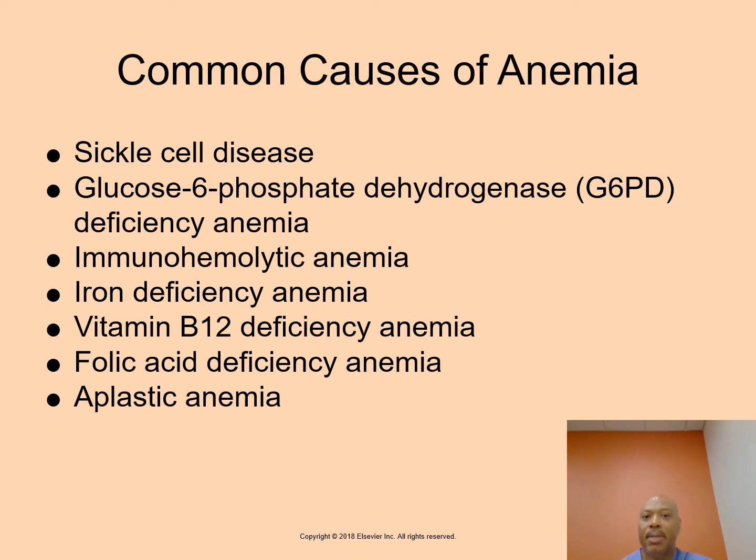Other signs and symptoms include fatigue, reduced exercise tolerance, and fissures at the corners of the mouth. The serum ferritin levels are less than 10 nanograms per ml as well.